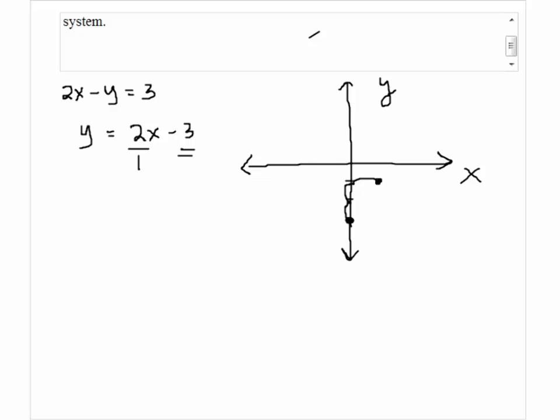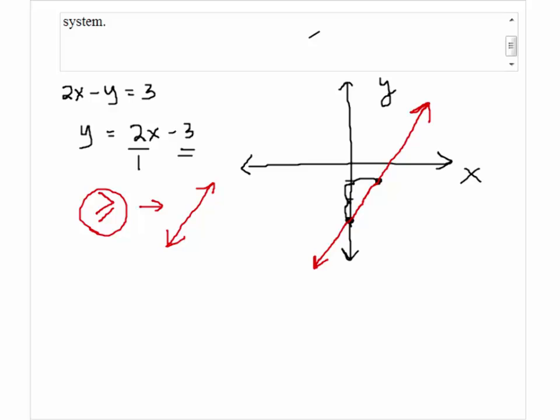Now notice that the original inequality says greater than or equal to, where we have a flat bar underneath the inequality. So this suggests that we are going to use a solid line instead of a dashed line. So we're going to connect these two dots and extend the line, and here we have the line of the equation.